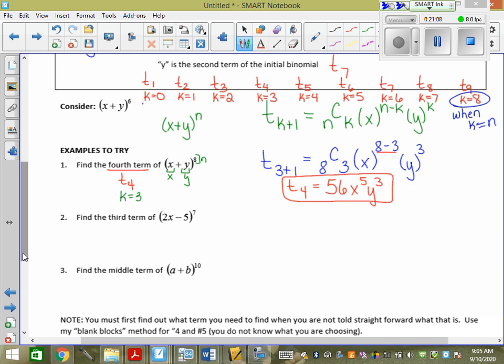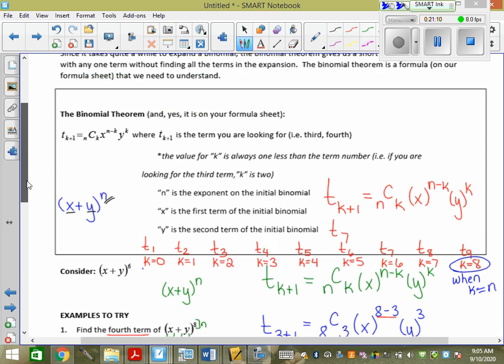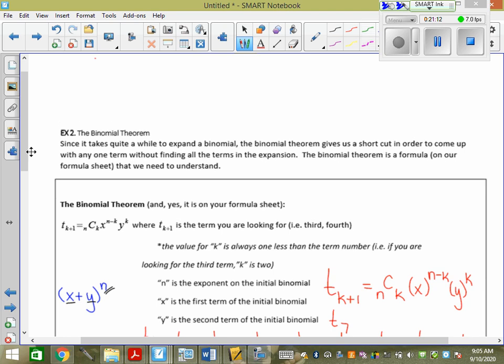And it makes sense. If you forget, go back to grade 10. If I had x plus 2 to the 2, and I expanded that, that's x plus 2 times x plus 2, which gets me x squared plus 4x plus 4. It had an exponent of 2.